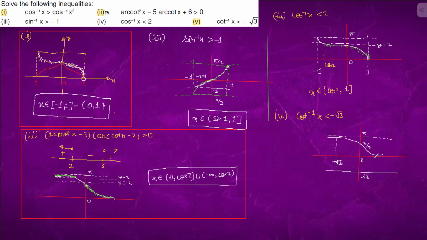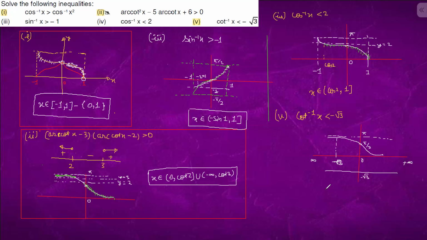In cot inverse, we'll put minus infinity to infinity as input. The output will be theta, 0 to pi. So if it is less than, so it is bigger than, yes.